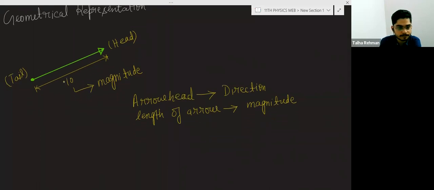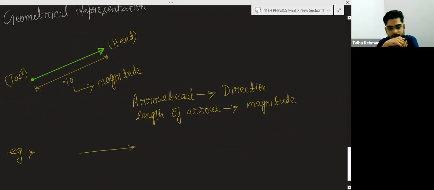For example, suppose you have a vector like this. This is an arrow, so you can say this is a vector. The length of this arrow will give you the magnitude of this A vector, and this arrowhead will give you the direction of the vector.